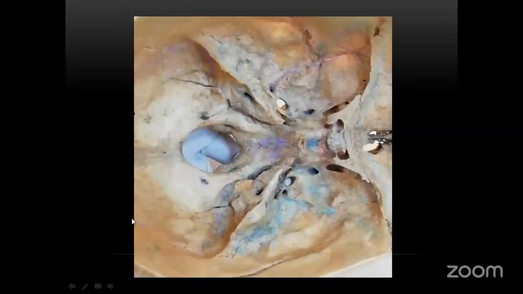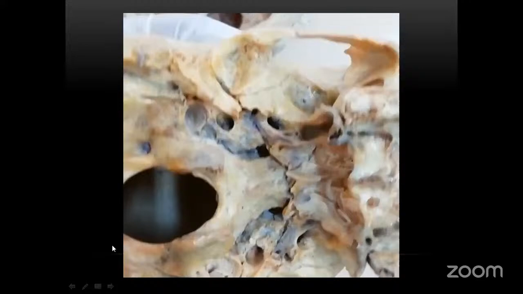Anterior surface, posterior surface, and the third surface is the inferior surface. This is the inferior surface of the petrous part of the temporal bone.